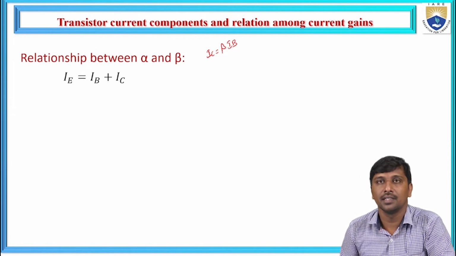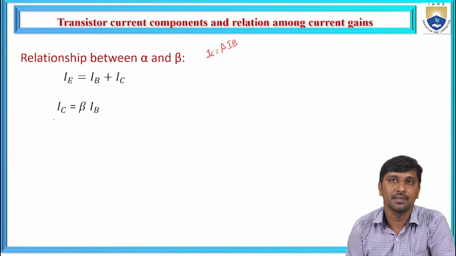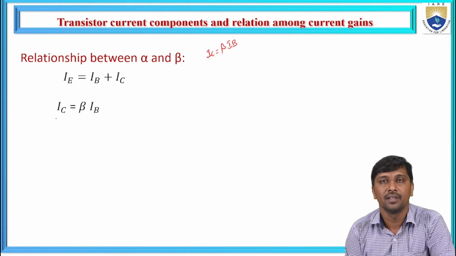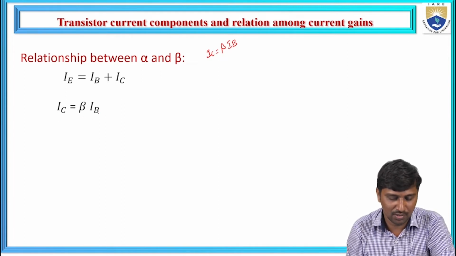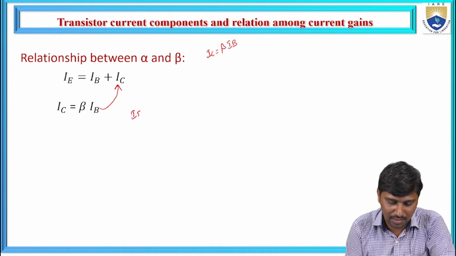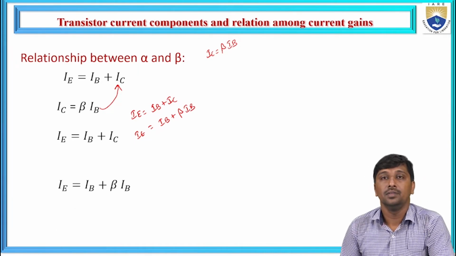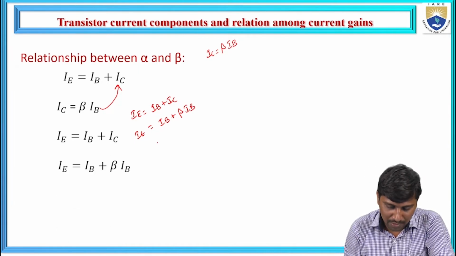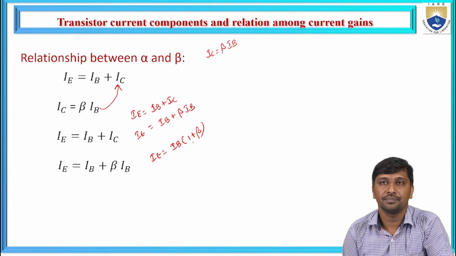Hence here I assume IC is equal to beta times IB, so you can substitute this in this relation. IE is equal to IB plus IC. Here I am going to substitute IE is equal to IB plus beta times IB. Now IB is a common term, so IE is equal to IB times (1 plus beta).